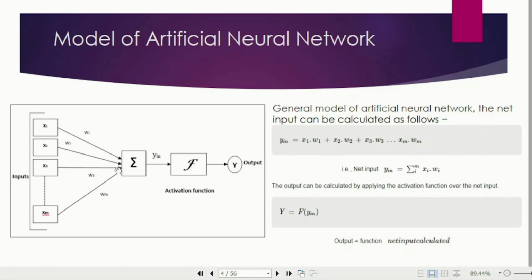W represents the weight, the corresponding weight of each input. With the help of these weights, which show how important each input is, the next step is the summation of the input and the weight.